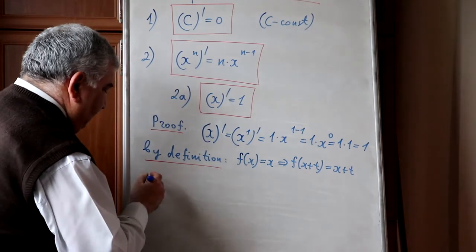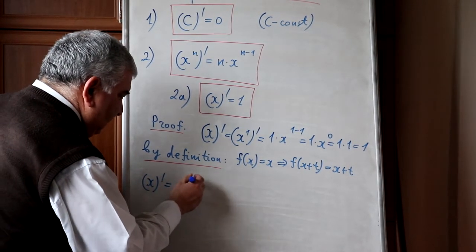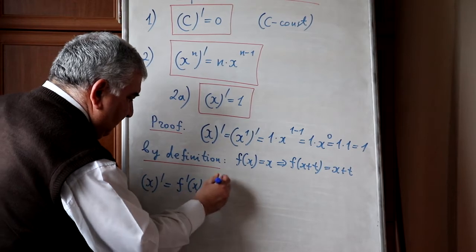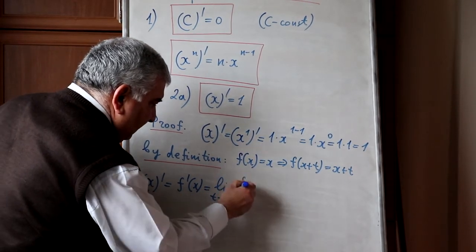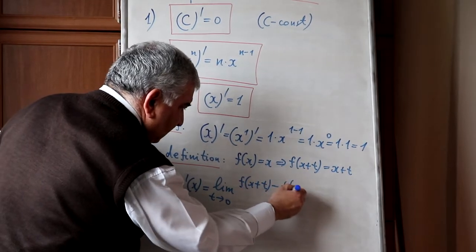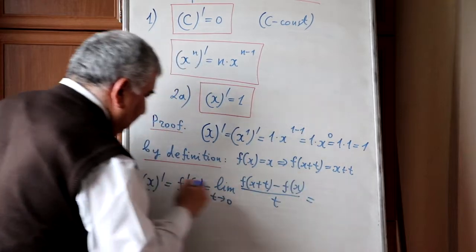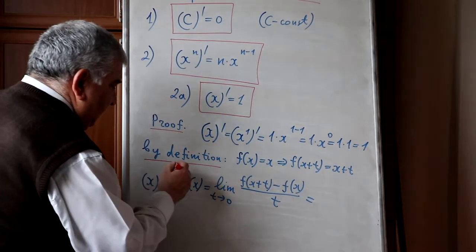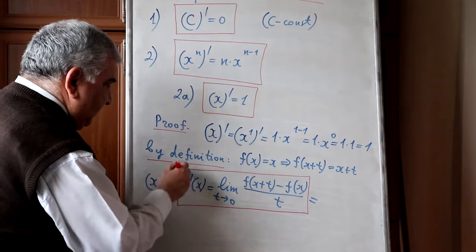Then x prime is f prime of x equals limit when t tends to 0 of f of x plus t minus f of x over t. It is the definition of the derivative function, of the derivative.